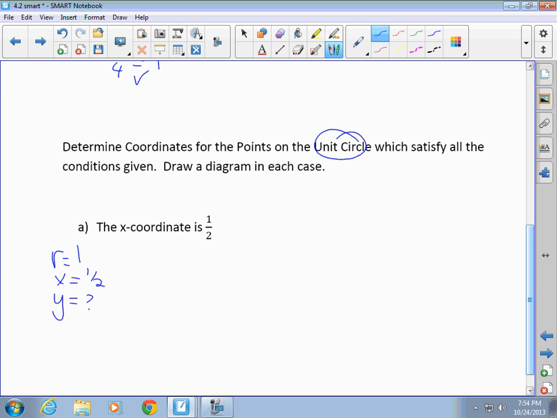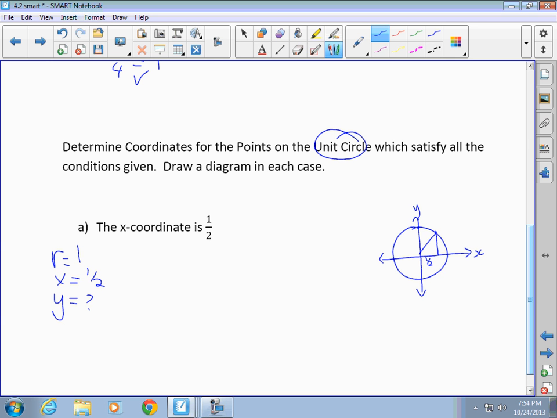So I need to draw a diagram. So there's my diagram. This is supposed to be at the origin, and then I'm dropping this down here. So this is what it looked like. This I know is 1/2 because that's my x value.